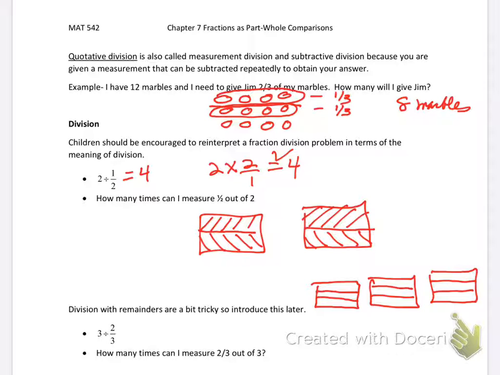Okay, so 2/3, 2/3, 2/3, and then I can take another 2/3. Now, what do I have left? Well, I have 1, which is a half of the 2/3. So I was able to do this 1, 2, 3, 4, and a half times. Okay, so you're getting a change in your denominator. That's what makes that very tricky.